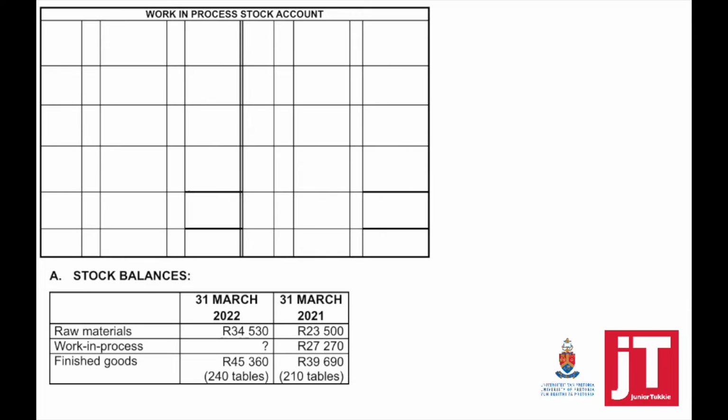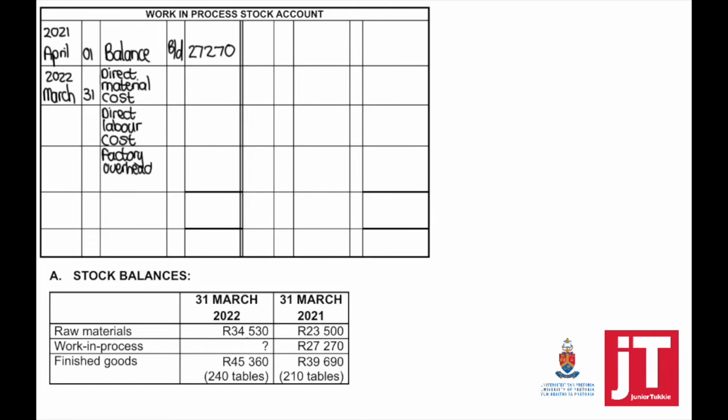Now, immediately, this must be taken to the work in process stock account. The work in process stock account is an asset, which means on the debit side, we would always have the opening balance, which was given to you, 27,270. This account will always have my direct material cost, direct labor cost, and factory overhead cost, which will appear on the debit side.